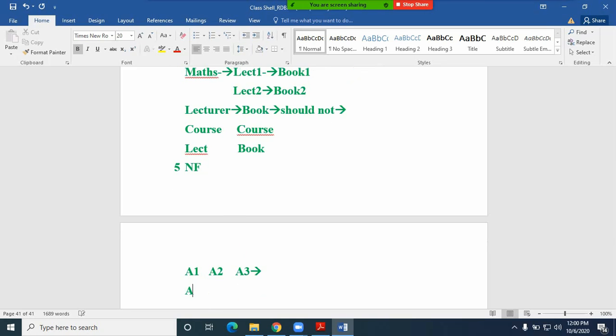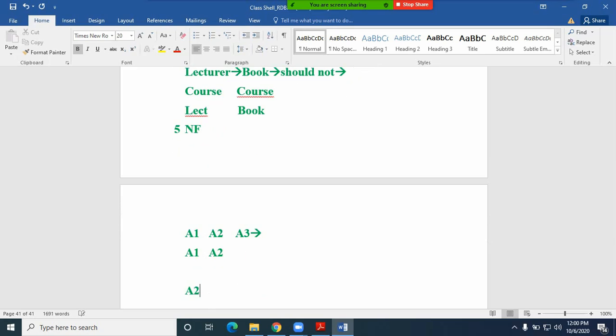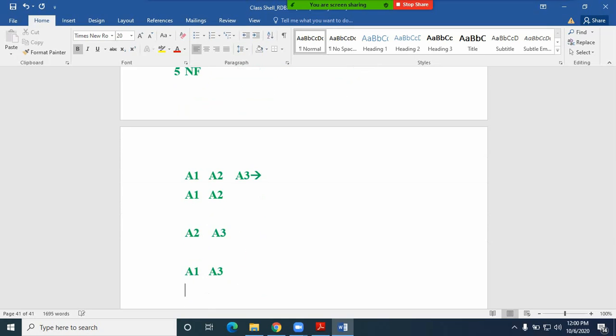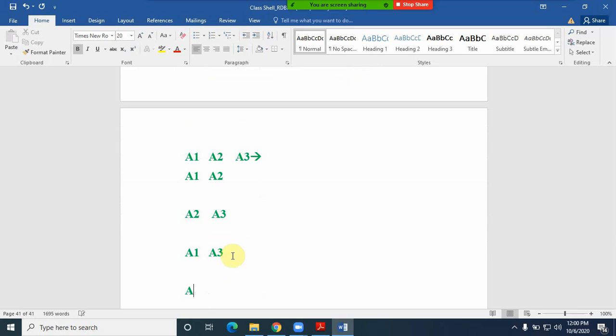Projection specifies, friends, that I take A1, A2, and A2, A3, and A1, A3, which are nothing but the projections. At the moment I am joining all these things, it should not lead to duplicates, and I should generate the original data. Very simple, friends. I should generate the original data.